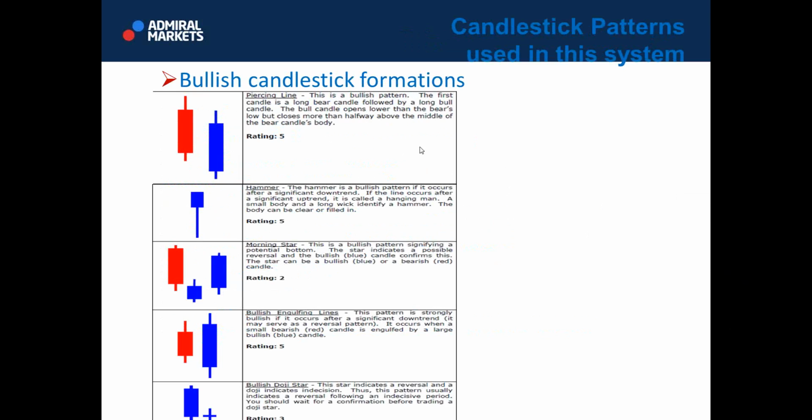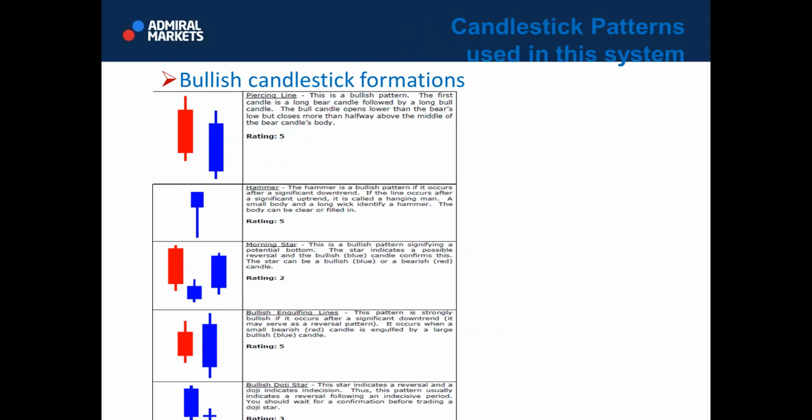Now, bullish candlestick formations, guys, you know about it. You will use these candlestick patterns in this system. Piercing line, I won't go through it again. I assume that you already know what those patterns are because we have repeated it many times.